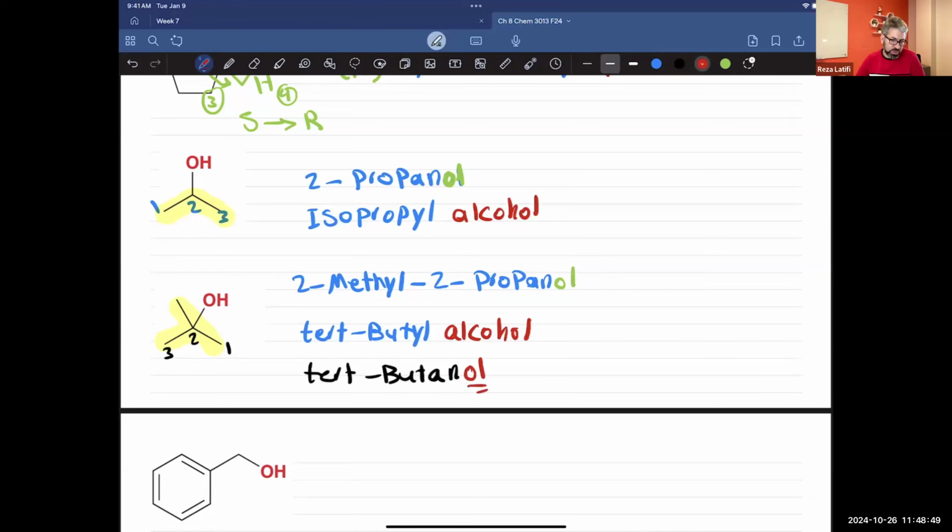Yes, that's another possibility. And tert is telling us how the carbons are attached to each other. It is telling us that we have a tertiary carbon, and then we add OH at the end. So that's going to be alcohol. So for the same compound, I came up with 3 names.